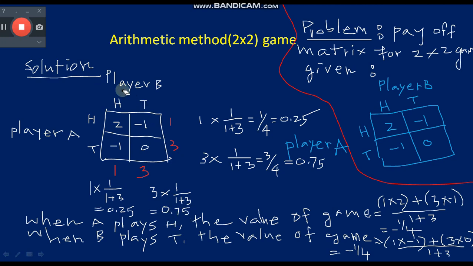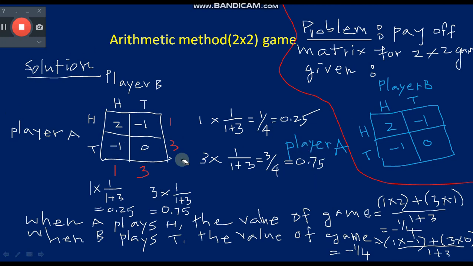So player B uses the first strategy 1 by 4 of the time and the second strategy 3 by 4 of the time. If I add both of them, you get 1. So this is the way we find the fractions the players are using.